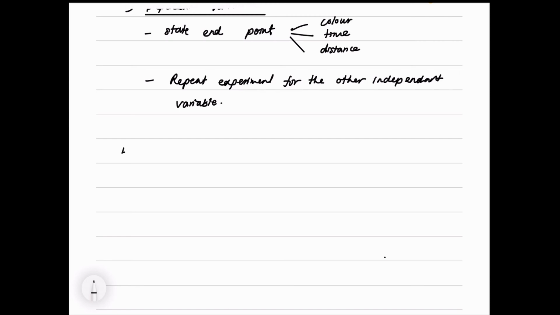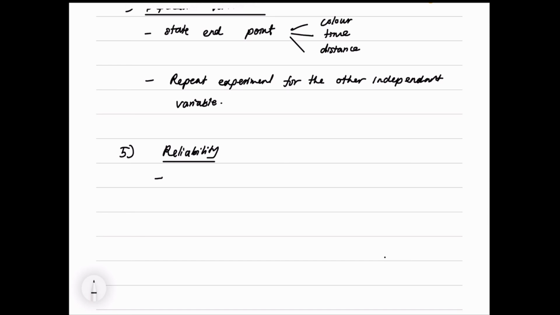And then for point number 5 to score, we will include reliability. How do you make sure that your experiment is reliable? So again here, you have to mention repeat the experiment, but this is for the whole procedure. For each concentration, you have to do it for another 2 times at least.